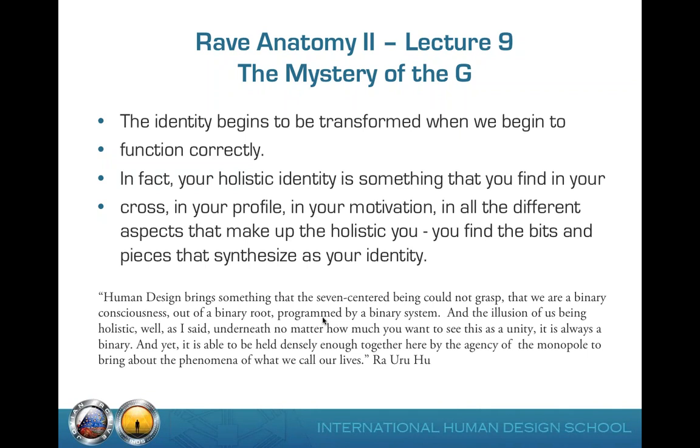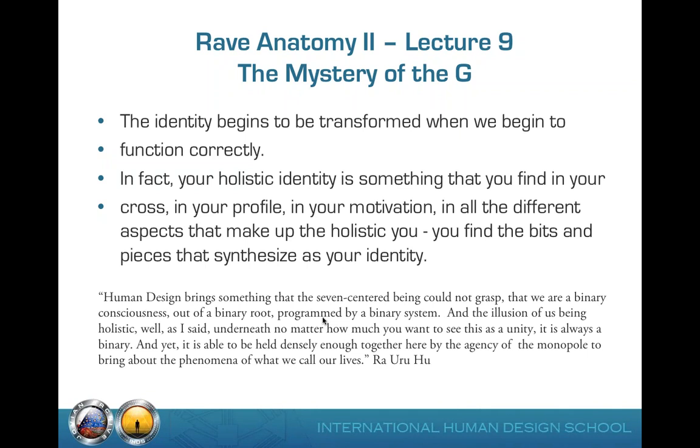Human design brings something that the 7-centered being could not grasp, that we are a binary consciousness out of a binary root, programmed by a binary system. And the illusion of us being holistic, well, as I said, underneath, no matter how much you want to see this as a unity, it is always a binary, and yet it is able to be held densely enough together here by the agency of the monopole to bring about the phenomena of what we call our lives.